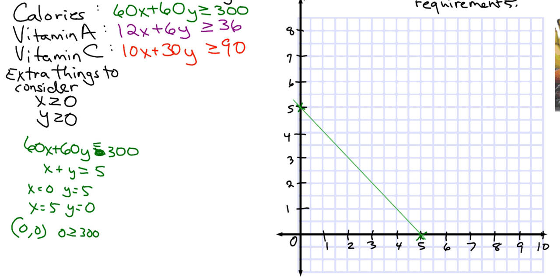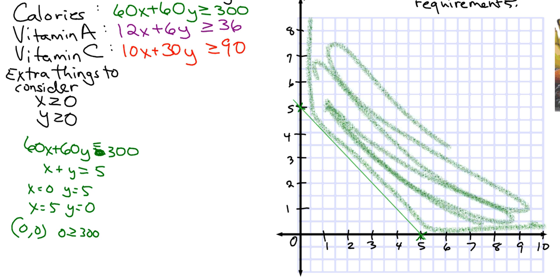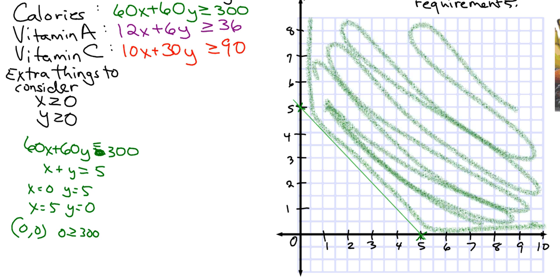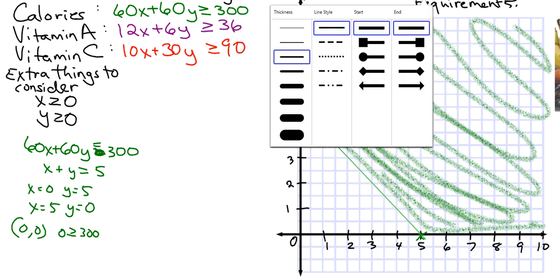So that means I'm shading outside of that. I'm just going to shade this area right here. Again, I probably won't leave all this shading on here, but I'm going out that way because remember, I want to at least meet my nutritional values.